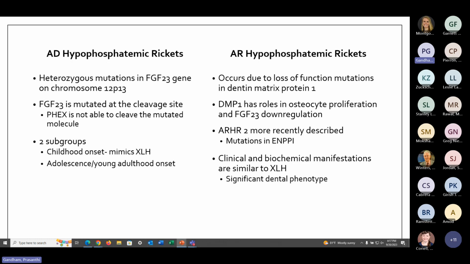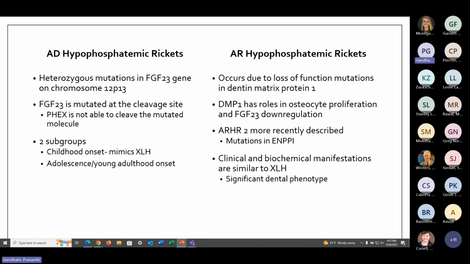There are two subgroups in terms of clinical presentation. You can have a childhood onset autosomal dominant HR, which is typically a more severe form and mimics very closely the findings that we see in XLH. Or you can have adolescent or young adult onset autosomal dominant forms, which typically present with bone pain, weakness, and pseudofractures, but not the same degree of limb deformities that you see in XLH or in the childhood onset form.